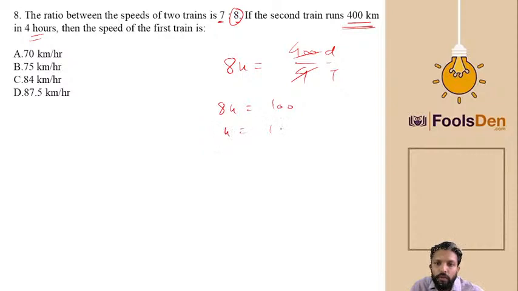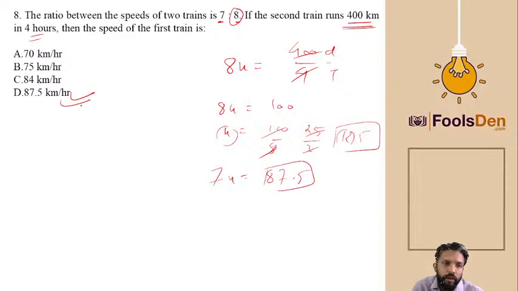X is equal to 100 upon 8 is nothing but a little bit 4, get 5 upon 2, but 12 point. So that is the value of x. We need to find the value of 7x. Multiply, here we will get 84 plus 3.5 is 80. Option number answer.